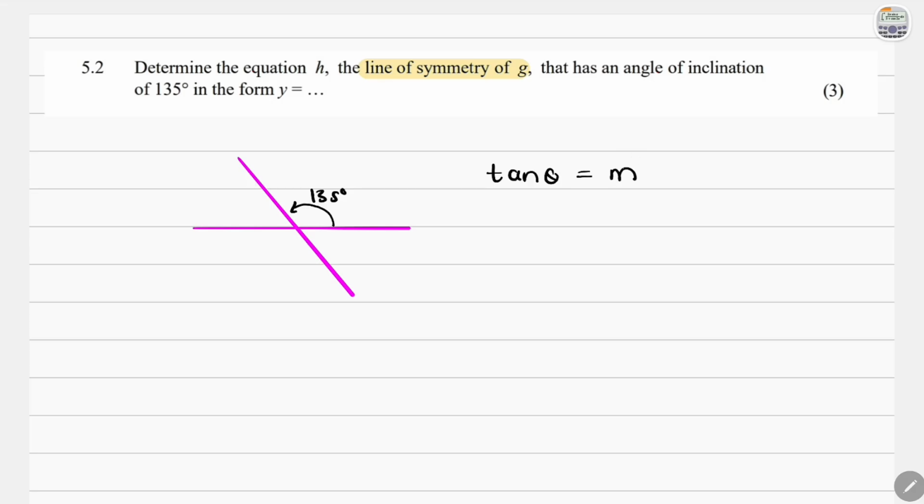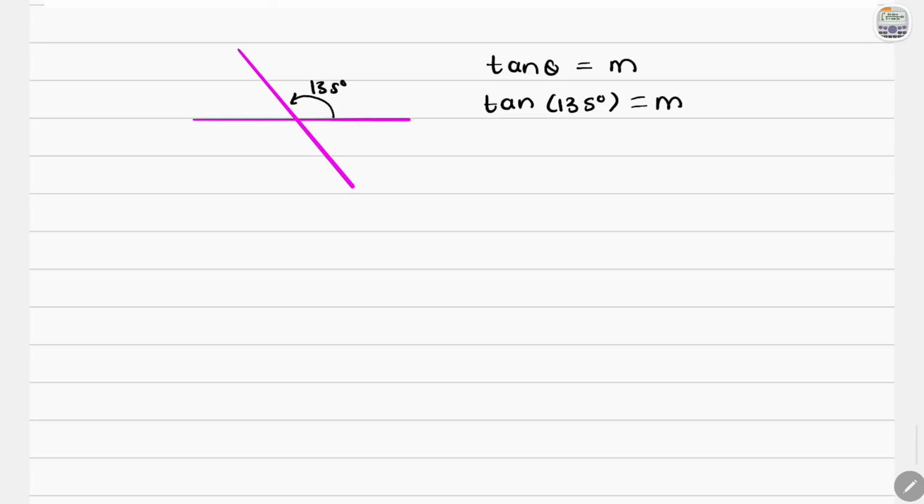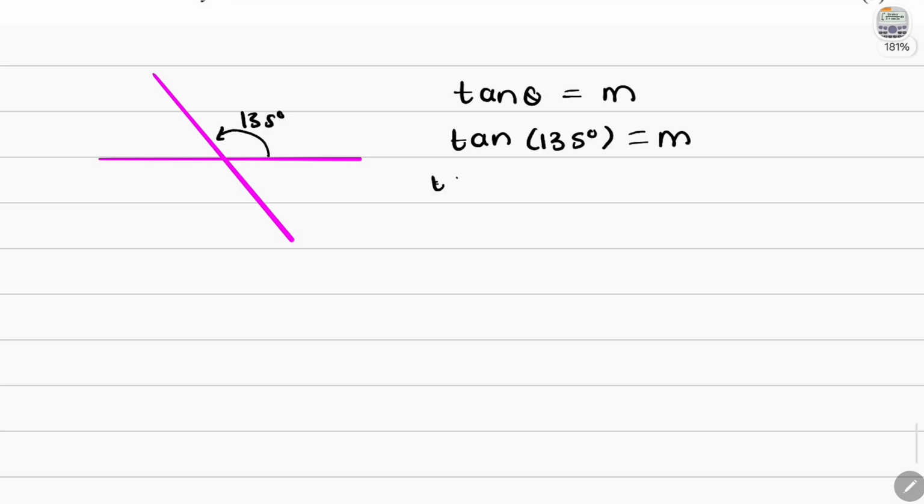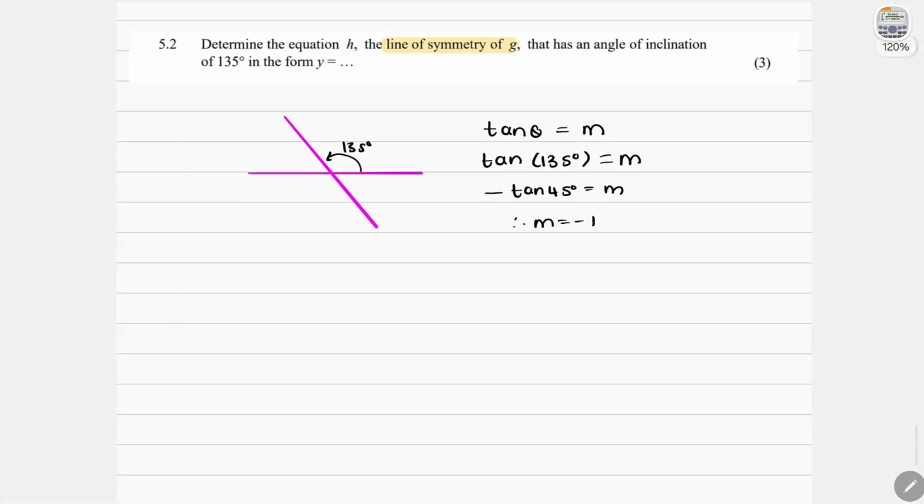So what's tan 135 degrees? You can use a calculator, but if you were simplifying this manually, you say tan of 180 degrees minus 45 degrees, and this is in the second quadrant, where tan is negative. So this would be negative tan 45 degrees, and so the gradient is simply -1. So there we got the gradient.